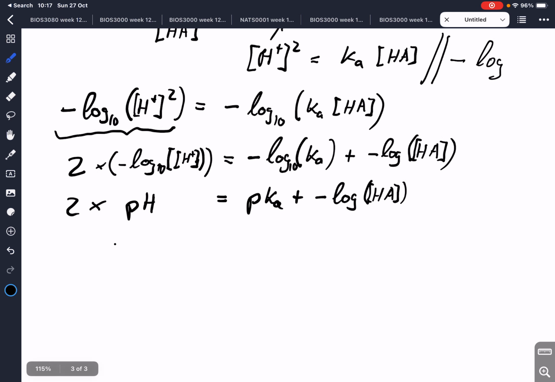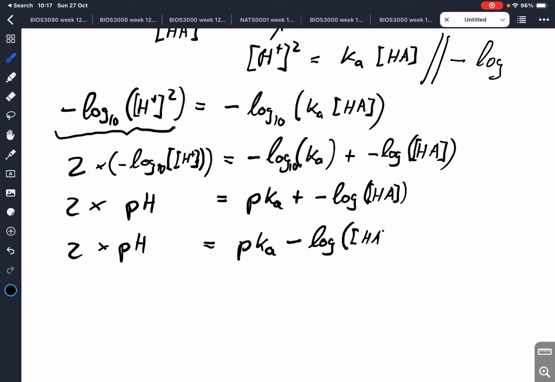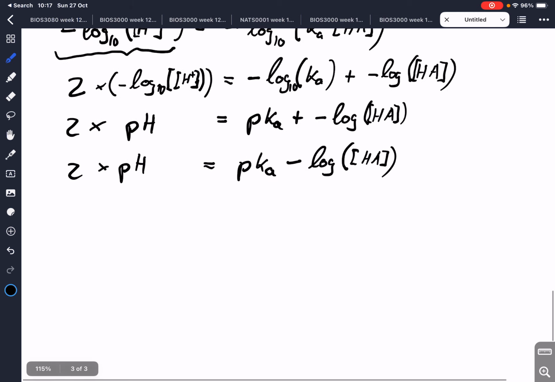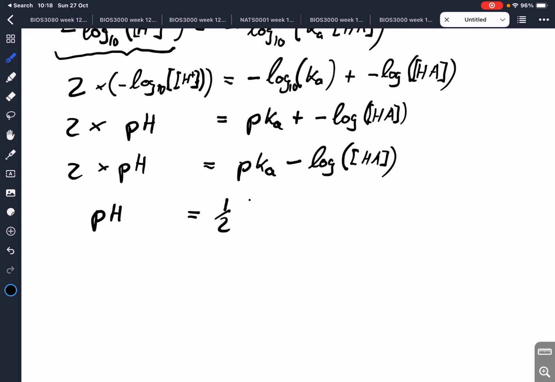So we have 2 times pH equals pKa minus log of the acid concentration. Or we can say pH equals 1/2 of pKa minus log to the base of 10 of the acid concentration.